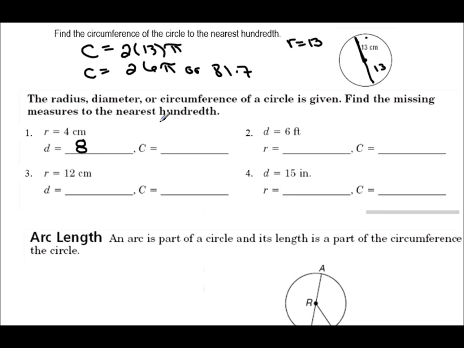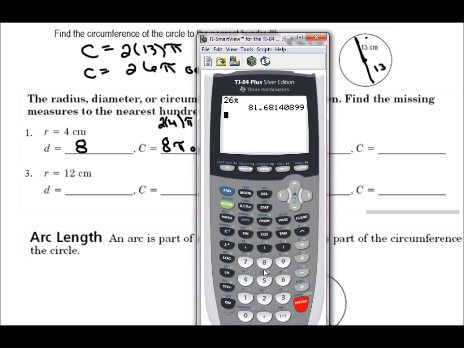And the circumference would be 2 times the radius times pi, which would be 8 pi, or 8 times pi is 25.1 to the nearest tenth.